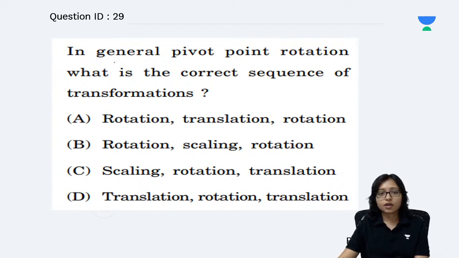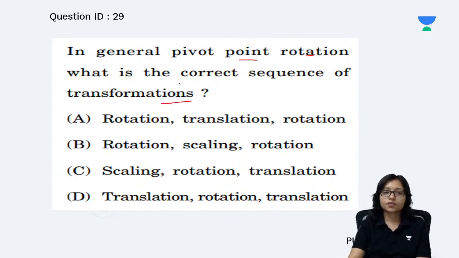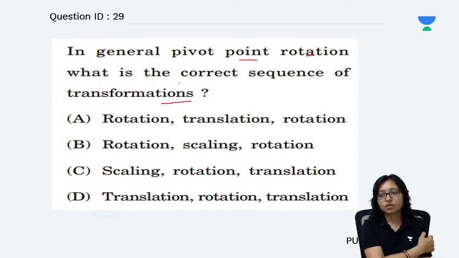Next one. In general pivot point rotation, what is the correct sequence of the transformation? When you are rotating about the pivot point, what will be the correct sequence?